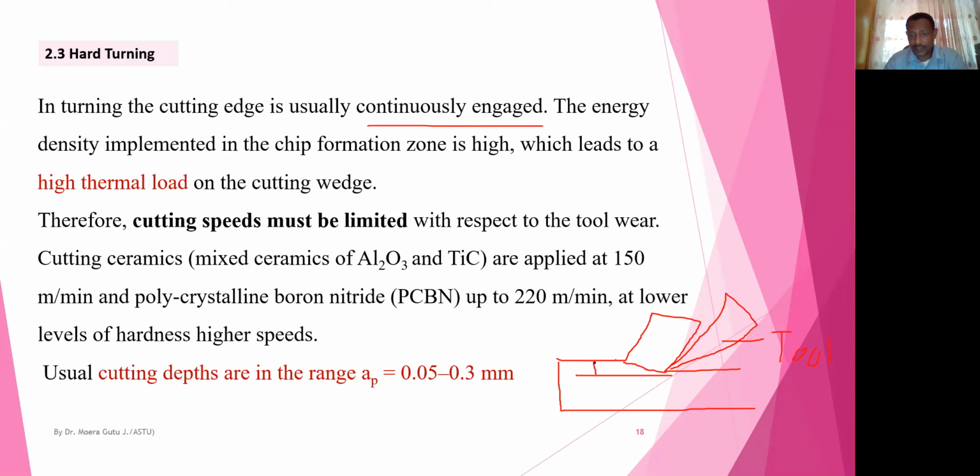This one is the uncut chip thickness or the depth of cut. This is the cut chip thickness. You will have angles here, the cutting angles, the relief angle and the rake angle of the cutting tool, engaged with the workpiece material. This is the machined workpiece.